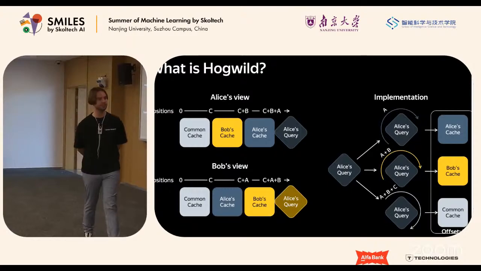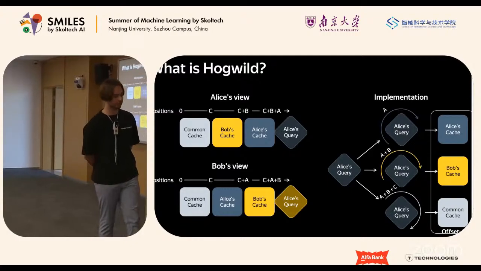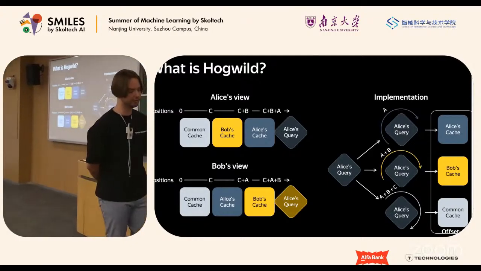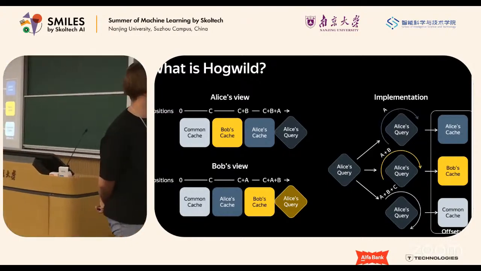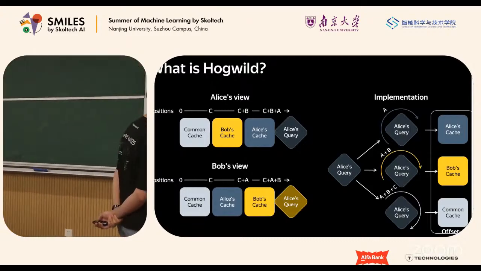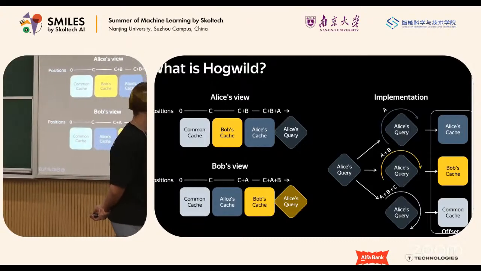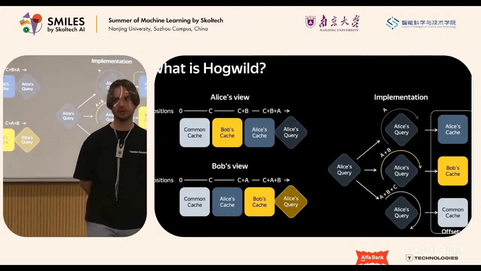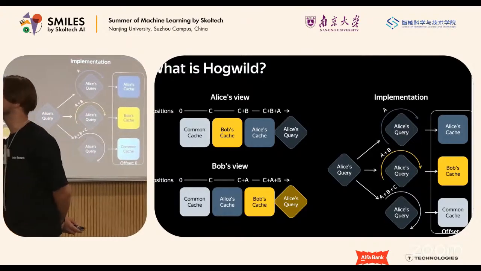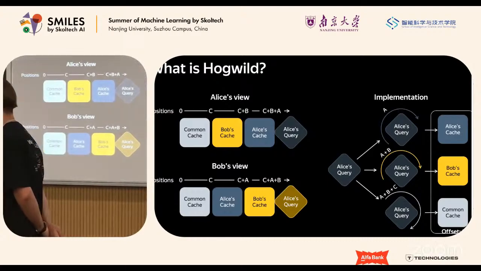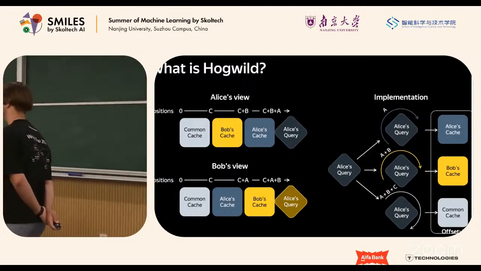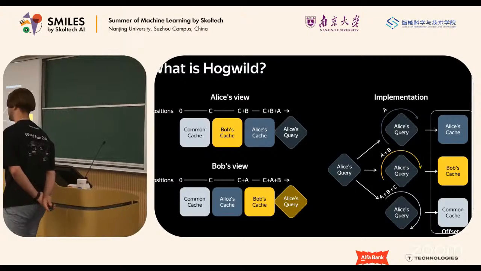Okay, let's move on. So the result of this trick is that we can have multiple cache blocks that correspond to some parts of context that we now can move in inference time between forward passes. So on one forward pass, we can have Alice generate a new token.